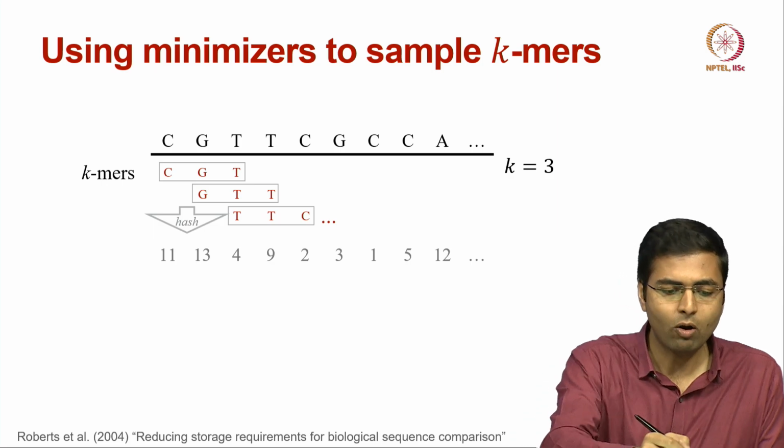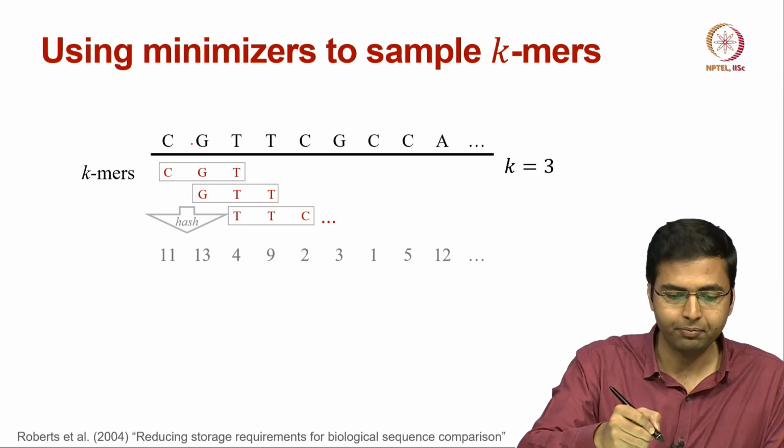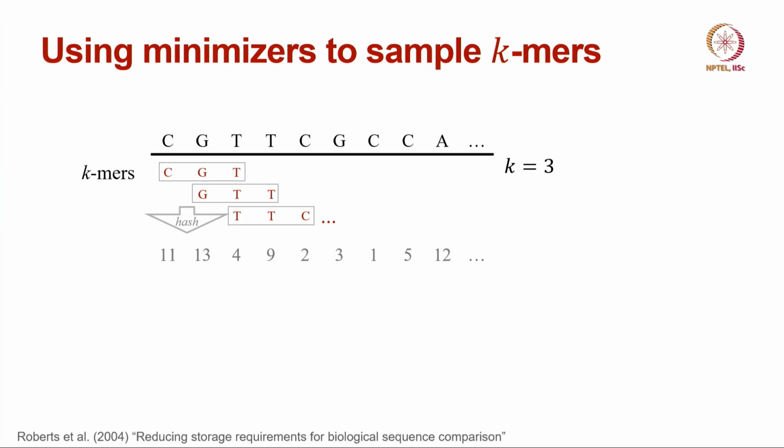Again we are going to consider all k length words, that is k-mers, from the sequence, and I am going to use a random hash function that will map my k-mers, the k length words, to an integer.